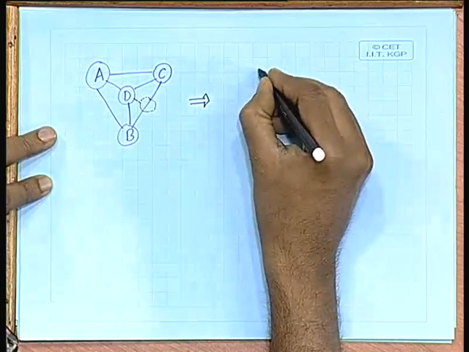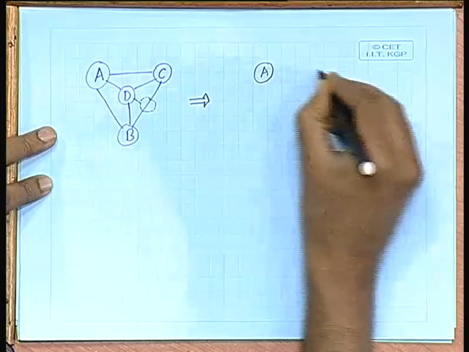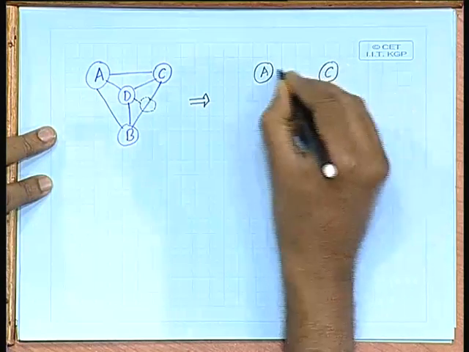So we get a modified graph which looks like this.